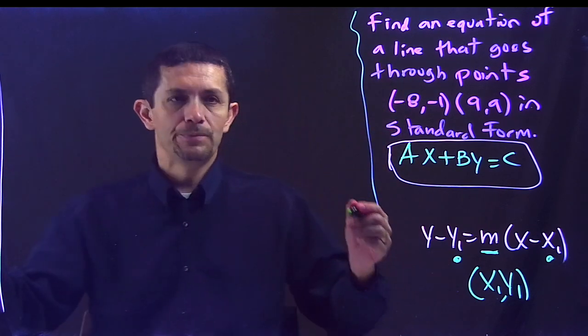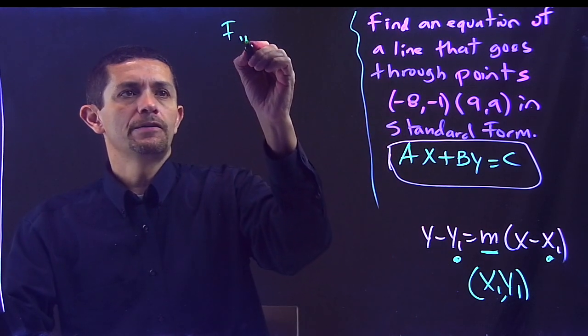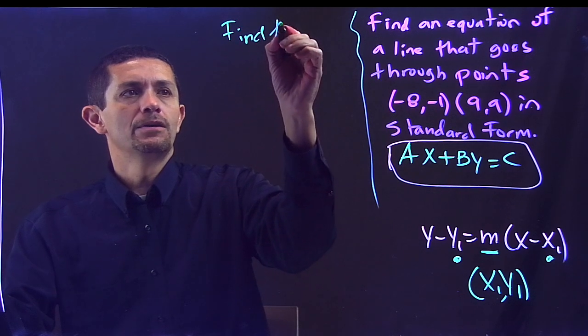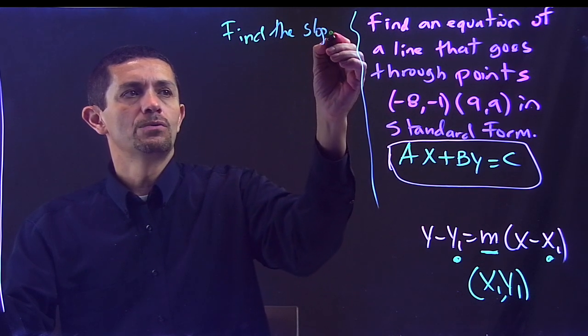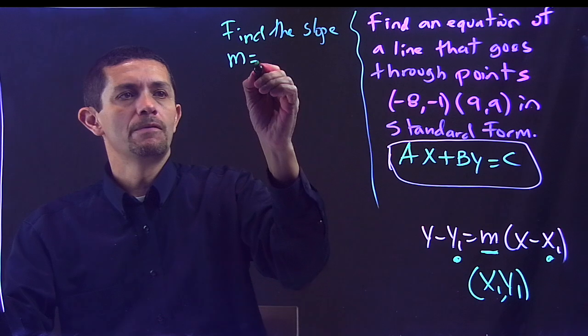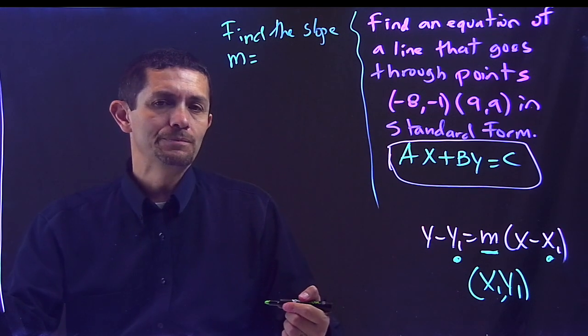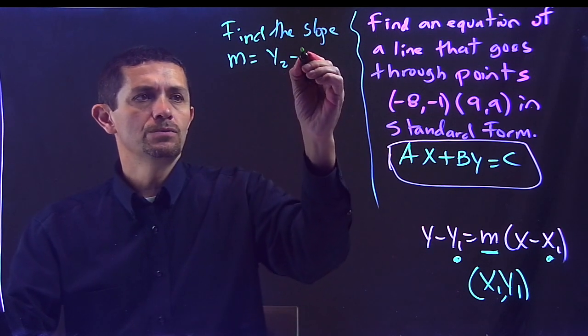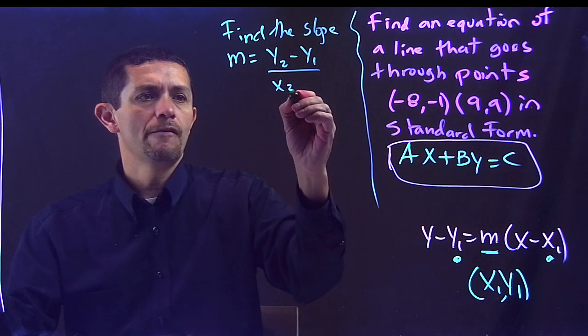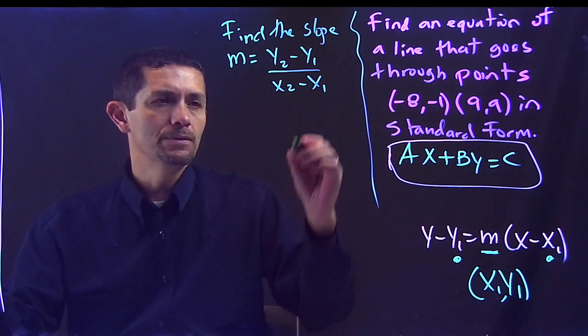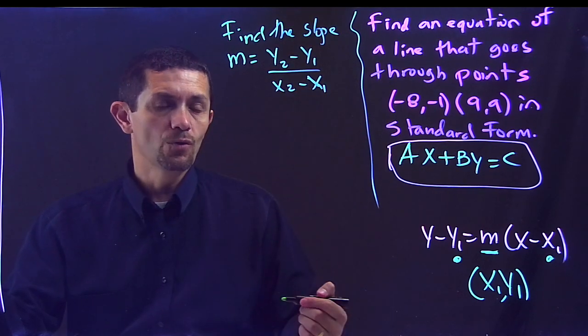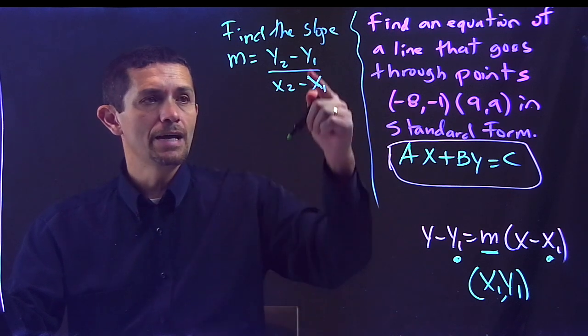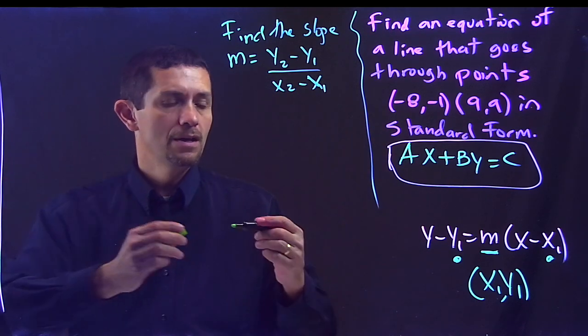Let's find the slope, which is m. The formula for m is y2 minus y1 over x2 minus x1. That's your formula, and I need 2 points to do that.